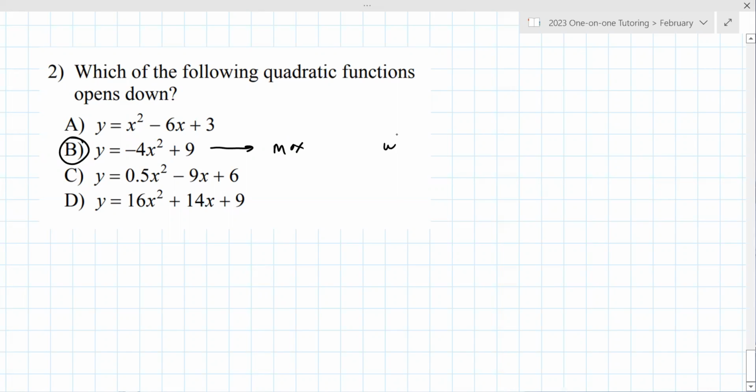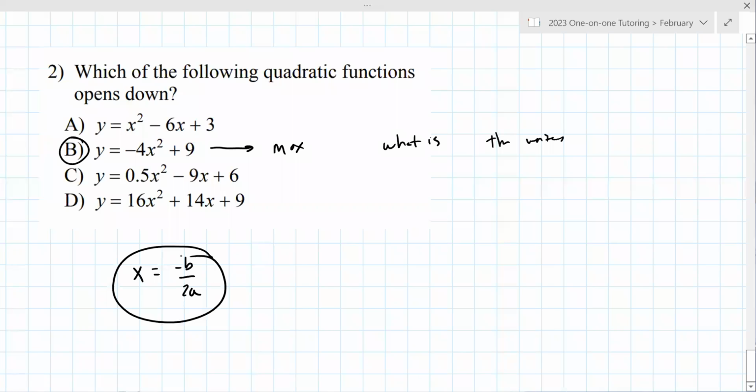Now, what is the vertex when it's in this form? Do you remember the formulas for vertex? It's negative b over 2a. This is one of those things you've got to have down perfect or it will not go well.